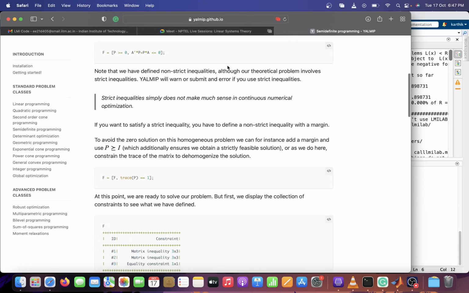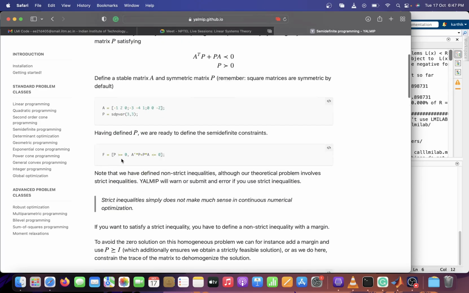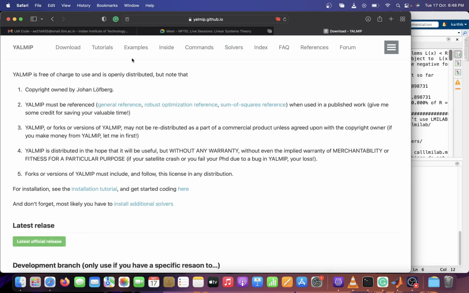One thing is, you can't use strict inequality directly. So to ensure strict solutions, you give some sort of a greater than or equal to a positive definite matrix or less than or equal to a negative definite matrix. So we'll first see the installation.